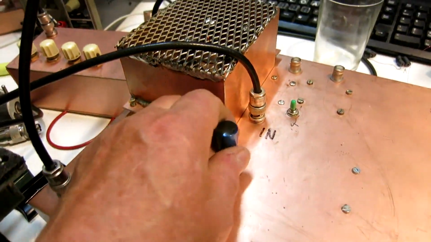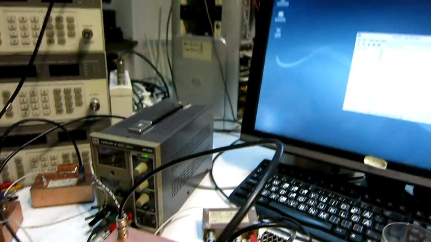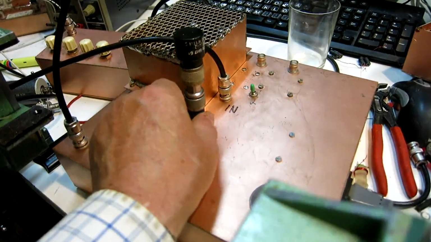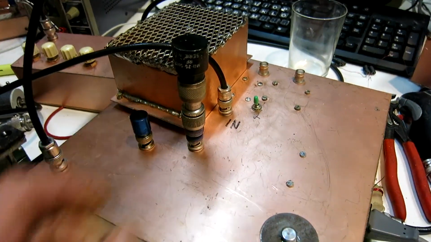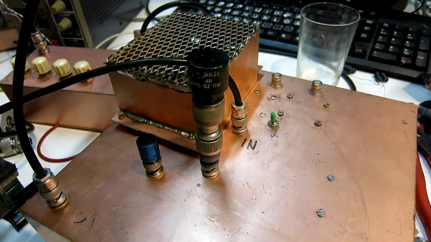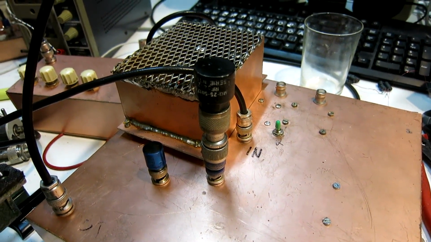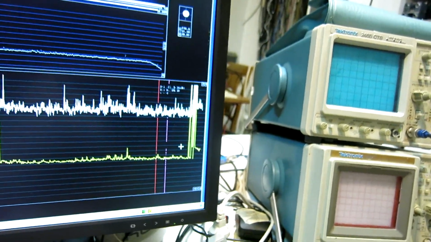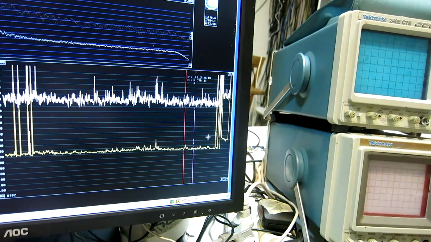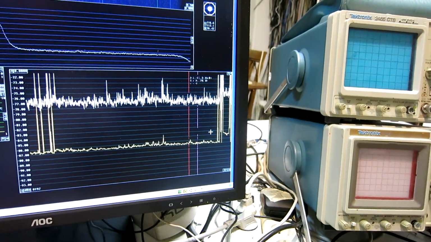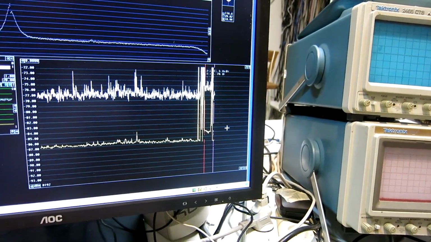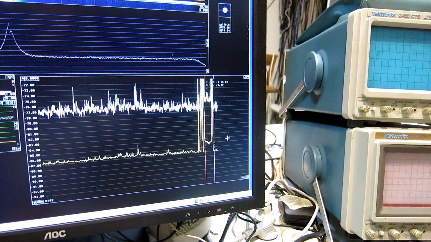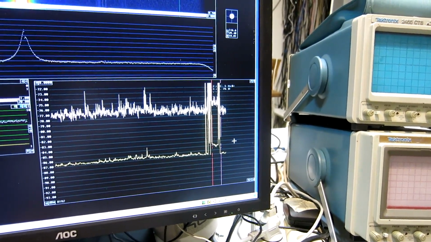Now I replace this one with another one, another 50 ohm dummy load. Well, this was not very good. I remove it and leave that output open, and then things look stable.